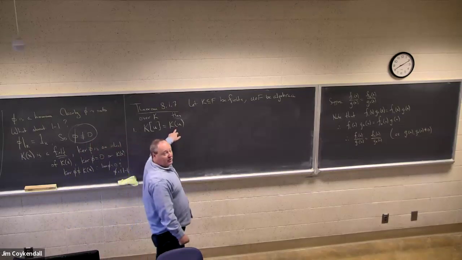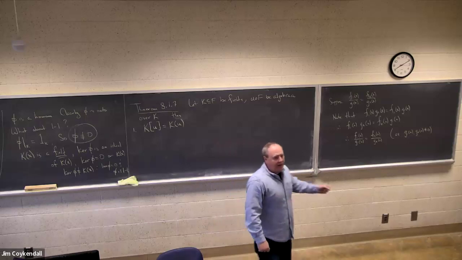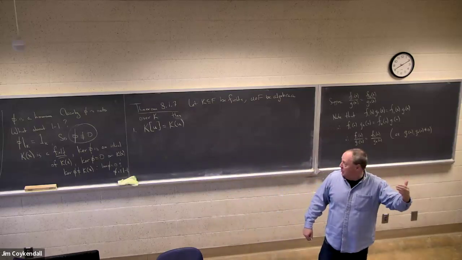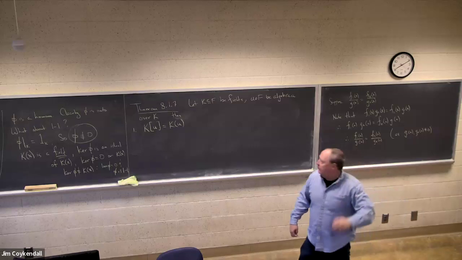This is the smallest field containing K and U. So this is all rational functions that you can build with U, as long as your denominator is not zero.